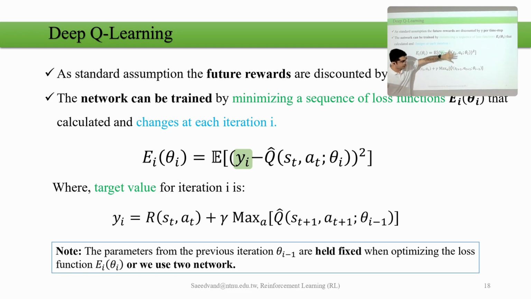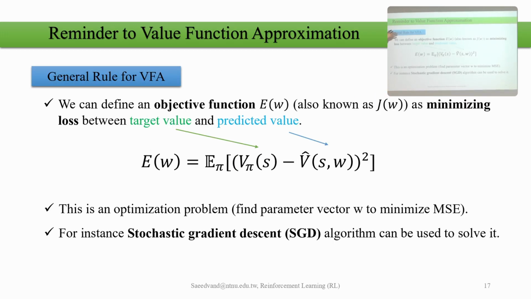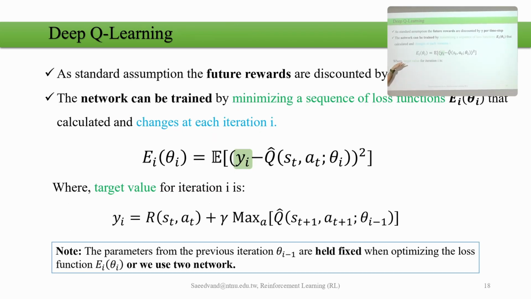But the point is, again, these values are coming from the same network. I extended this part from value calculation to Q value calculation. But I already told you we don't have this part.